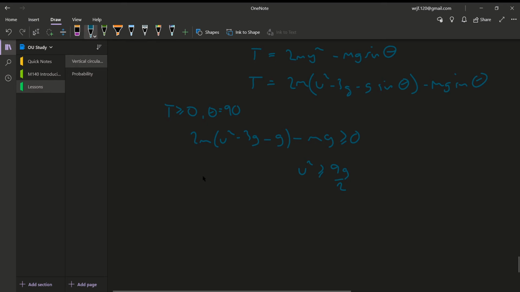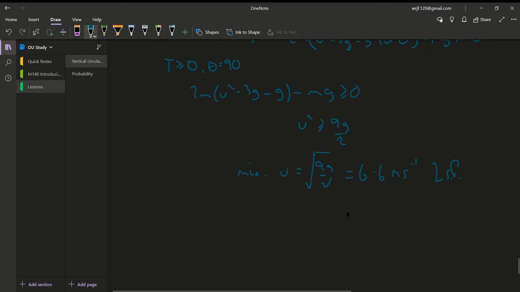So now we can calculate the minimum u straight away from that. The minimum u must be the square root of 9g over 2, and if you type that into your calculator you get something which rounds to 6.6 meters per second. It's 6.64 or something like that, but at 2 sig figs, which we should be using because we've used 9.8 for g, 6.6 is absolutely fine.